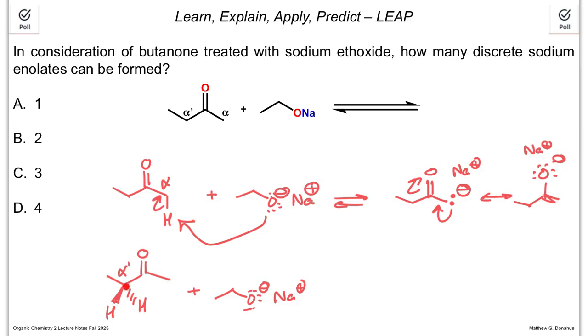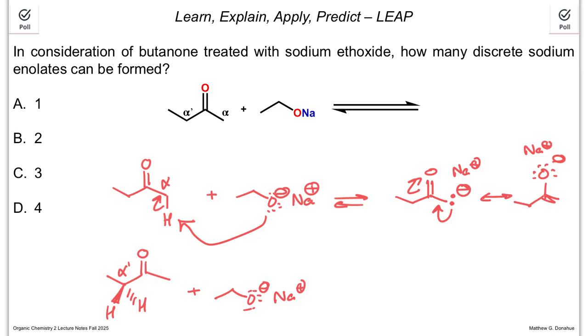That means that the carbon itself is not a stereocenter. But if we replace one of these hydrogens with something else, it becomes a stereocenter. So the reason that 2 different enolates are generated is when you deprotonate either one of these, it's primarily going to lead to one or the other, the E or the Z.